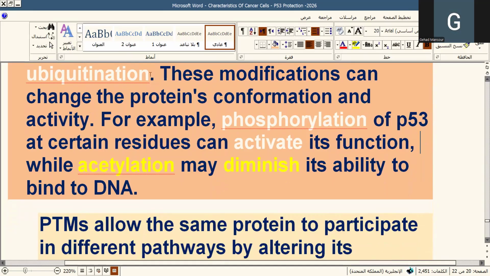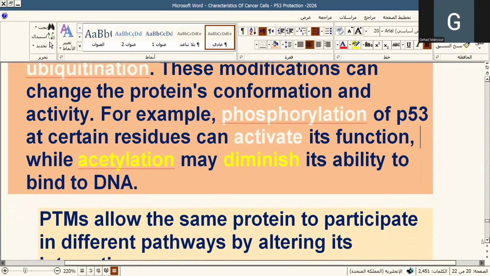What about ubiquitination? Ubiquitination means that we are going to attach P53 to a protein called ubiquitin, and this attachment will label the P53 in order for the destruction enzymes to know where P53 is and to destroy it.